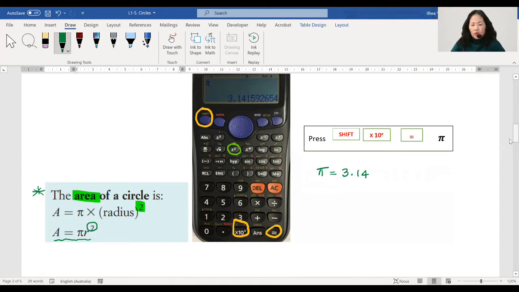Okay. Also, when we write area units, we write them squared, don't we? Centimeters squared or meters squared or millimeters squared. So maybe an easier way of remembering this area formula is that it has something to do with the square. So pi r squared, and C equals 2 pi r or pi d. That is the circumference, which is the distance around the circle.